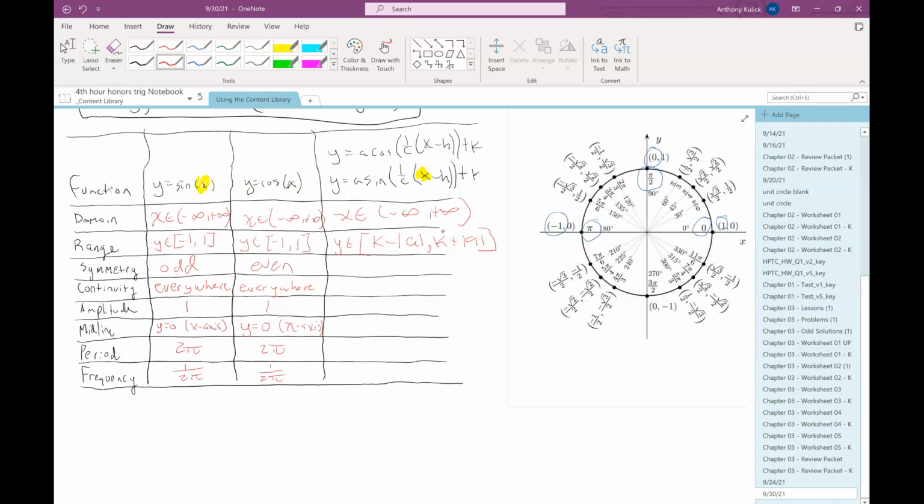Again, I'm using the absolute value of a because a could be positive or negative, and my interval has to be written from small number to big number, so this ensures that I have it written from small to big. That's all.